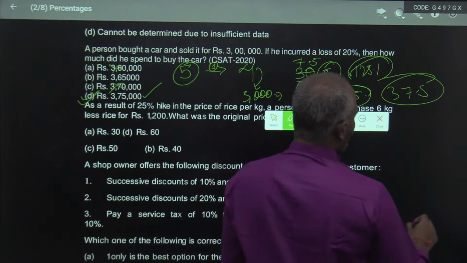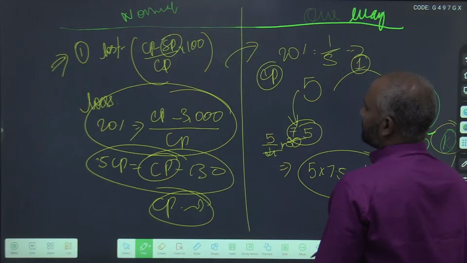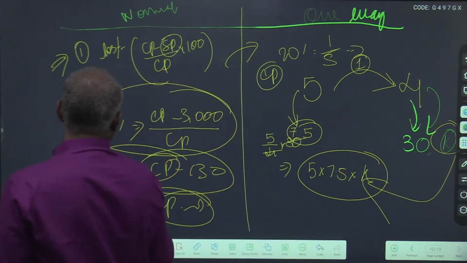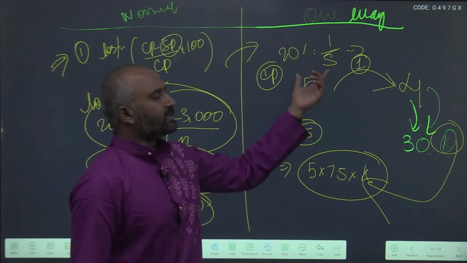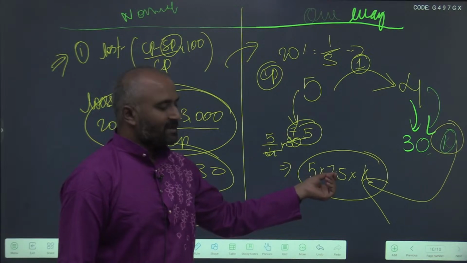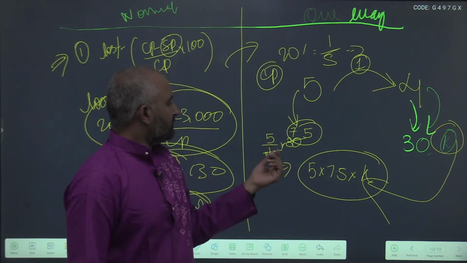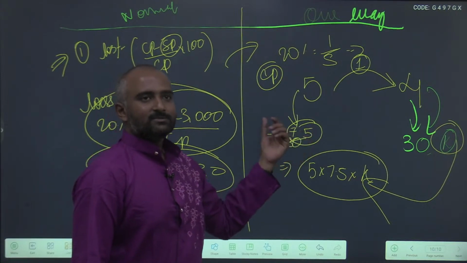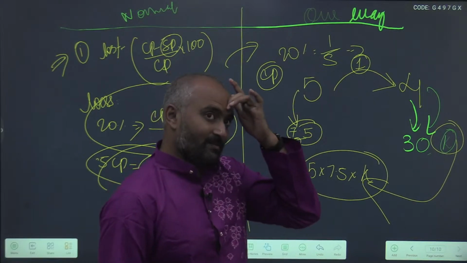Instead of writing this equation and solving for CP and all, don't you think this is much more intuitive and easier to answer? From here itself, you can even eliminate the options. You need not make the calculation here. We know there is a 5 lingering. So 7 5s are 35 plus this, so it will never be 60.